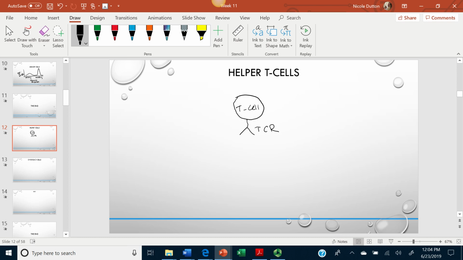And that T cell receptor is going to recognize and bind to an antigen that is presented on MHC class 2 of an antigen presenting cell.